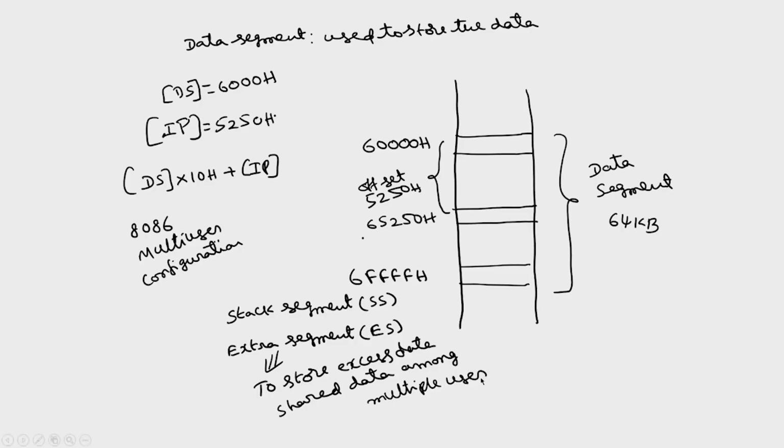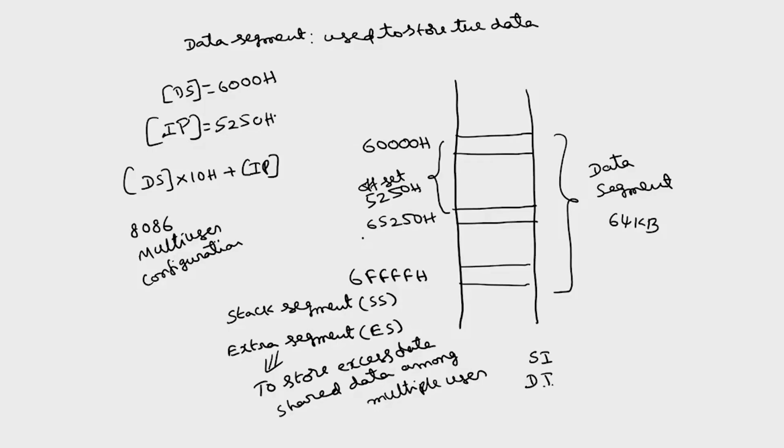Also, the extra segment is used in string operations. If you want to transfer a huge amount, a block of data, from one location to another location, that is called a string. In that case also we can use the extra segment. In the extra segment, the offset will be stored by the source index and destination index, the SI and DI registers, as I discussed in the earlier slide. I will discuss this in detail while discussing the instruction set.